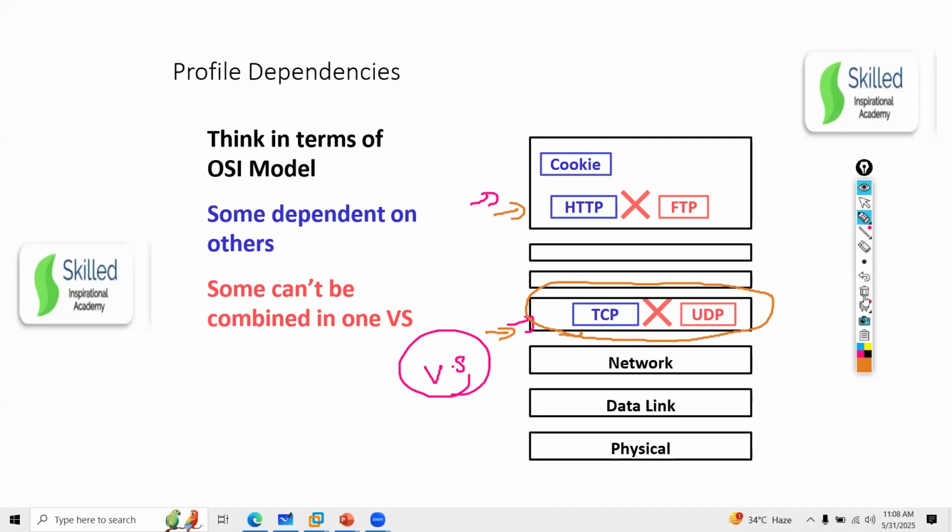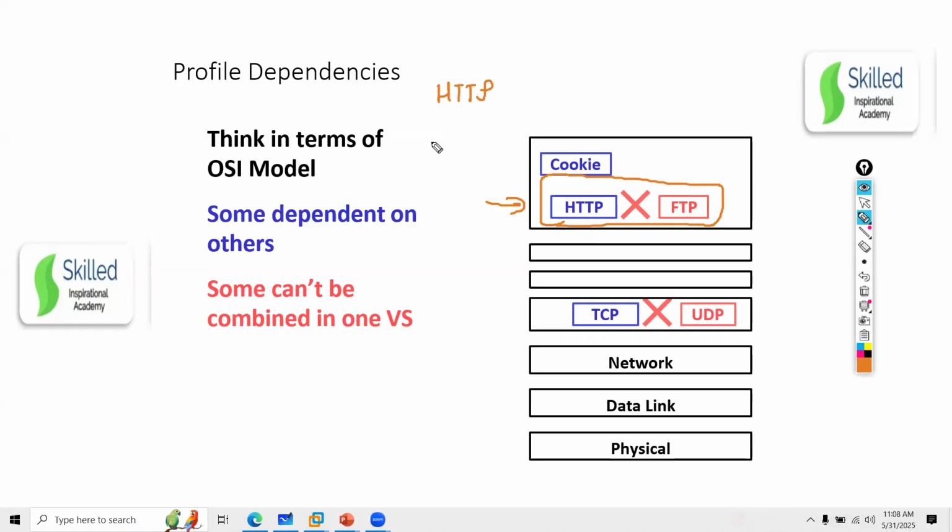Second thing, guys, HTTP and FTP cannot be called on the same virtual server. If they want HTTP traffic, then we will create one HTTP traffic virtual server. If they want FTP, then we'll have to create a separate virtual server because they exist on the same layer.